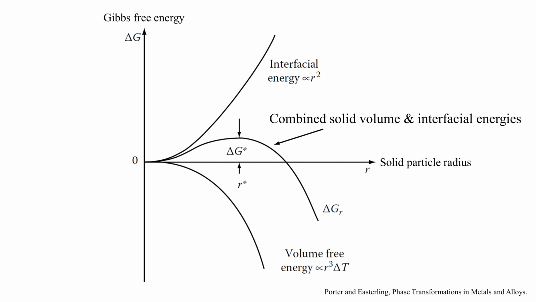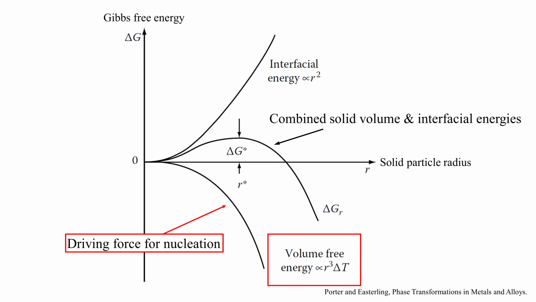To describe how material systems behave, we use Gibbs free energy, which, put simply, tells us what a system wants to do, based on whether there is a net positive or negative change in the Gibbs free energy. For metal solidification, a liquid metal cooled below its melting temperature wants to freeze, which is a negative change in the Gibbs free energy, so there is a driving force for nucleation of the solid.